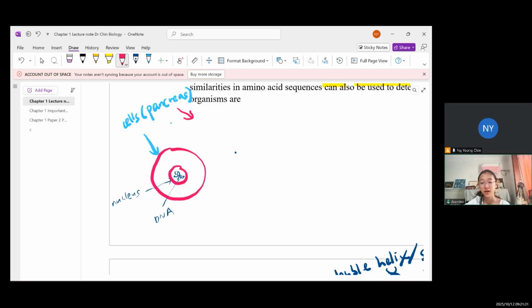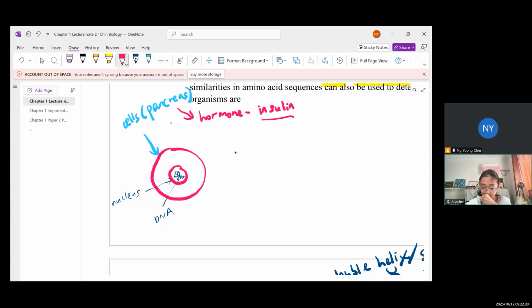Let's talk about hormones first. Have you heard of a kind of hormone known as insulin? 胰岛素, insulin. This is your first time hearing of this hormone. Insulin is very important because it can help to treat diabetes patients.